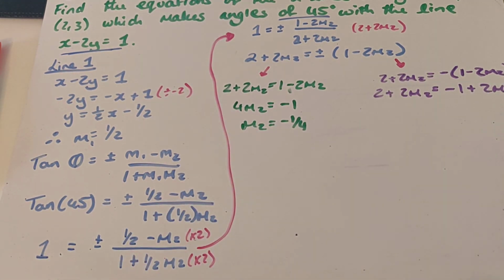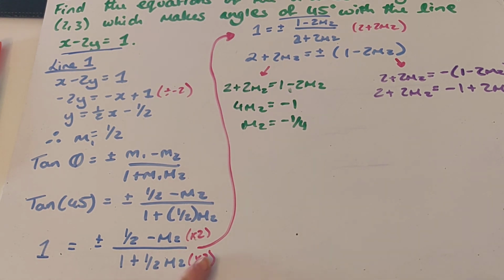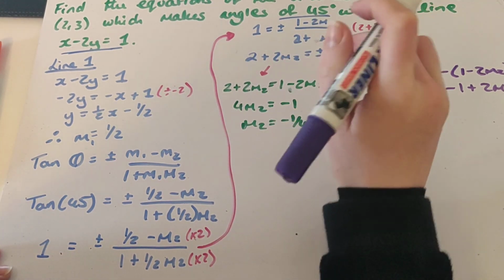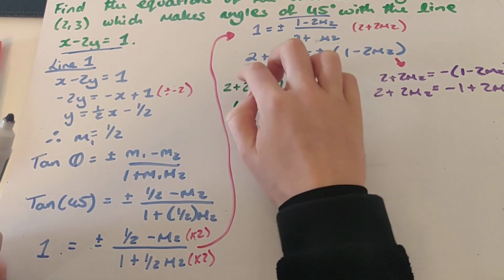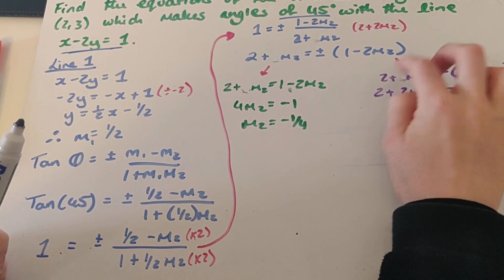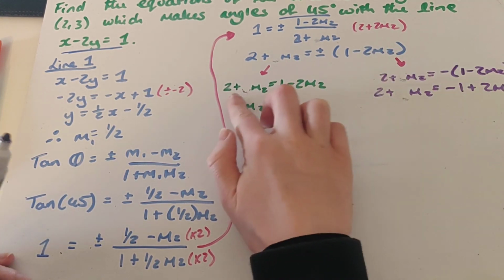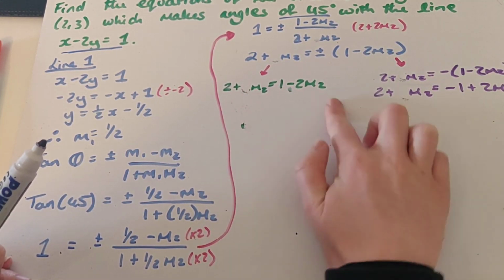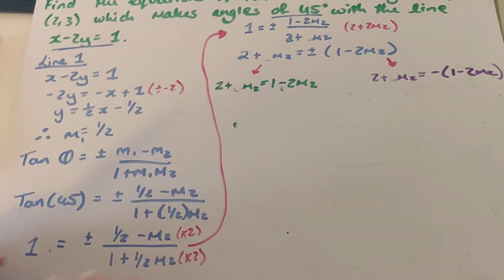Sorry guys. Now I've made a little error, so we're going to look here and see my error. 2 by a half just gives me 1. So it should actually just be 1m2, which means it should be just an m2. It should just be an m2, which is going to change it from here down. Apologies about that, guys. Sorry.